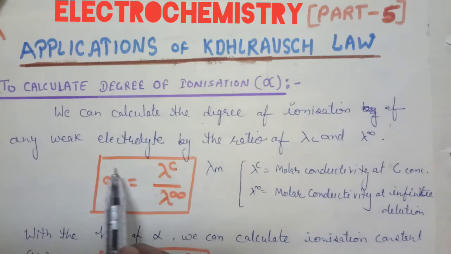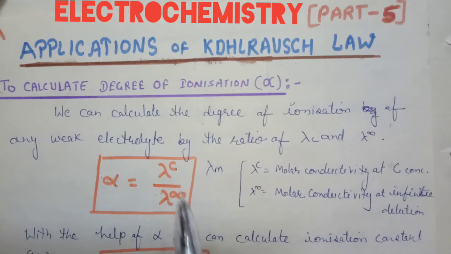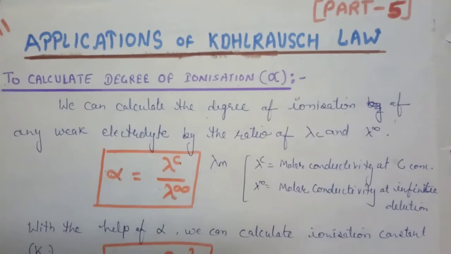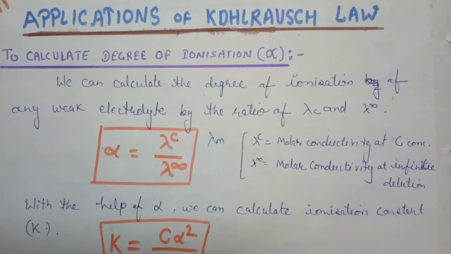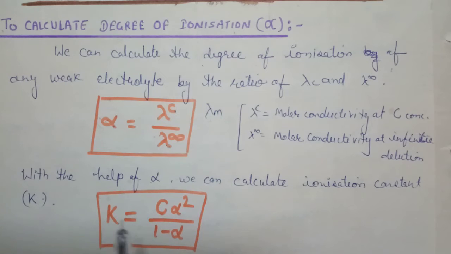Okay, and with the help of this alpha, we can also calculate the equilibrium constant, or dissociation constant, or ionization constant. We have discussed this in 11th in ionic equilibria. K, the ionization constant, is always equal to C alpha square upon 1 minus alpha.